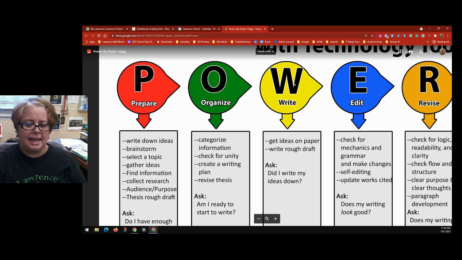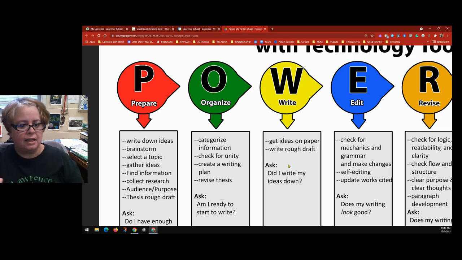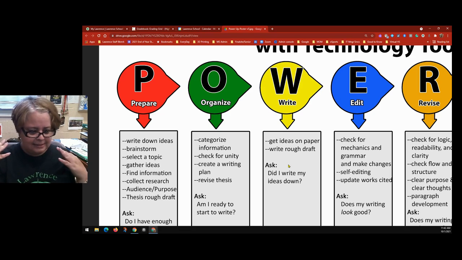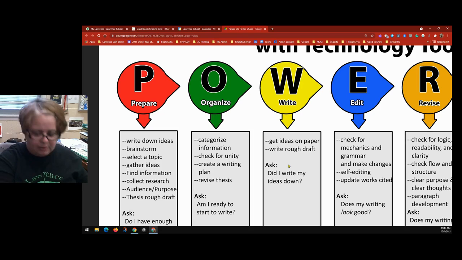During this stage, I also like to encourage students to turn off their grammar checks. Turn off Grammarly, turn off spell check, because that slows you down while you're writing. The goal is to get your ideas down on paper as quickly as you can. You could have an outline or your facts next to you, but just write.